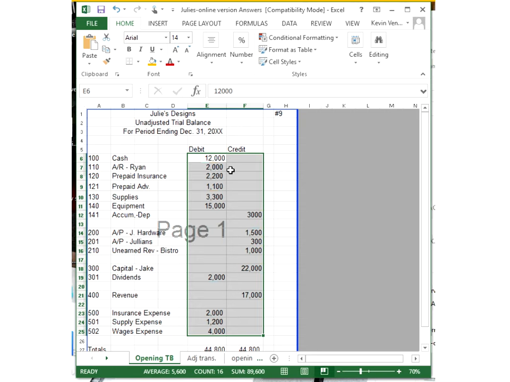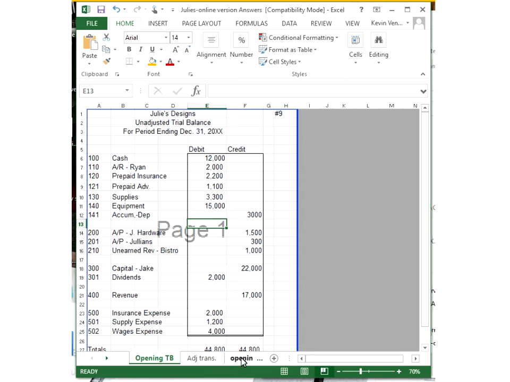It'll really help you as we progress through this example if you really want to learn this. I highly recommend that you do, because otherwise it won't make a lot of sense once we get further on. Our final step is to prepare the adjusted trial balance, and it's really hard to prepare an adjusted trial balance if you don't have updated T accounts.